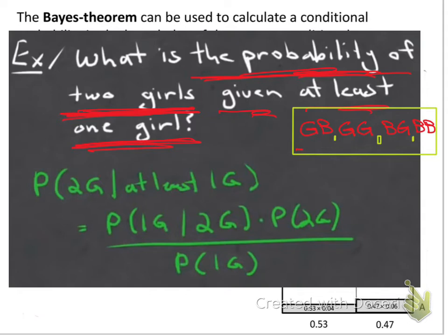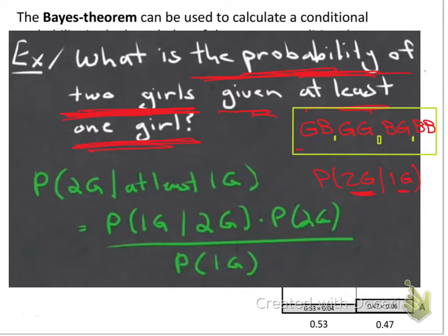So what is the question? How can we formulate it in the form of conditional probability? He is asking for the probability of two girls, given at least one girl. So he wants the probability of two girls given that there is one girl.